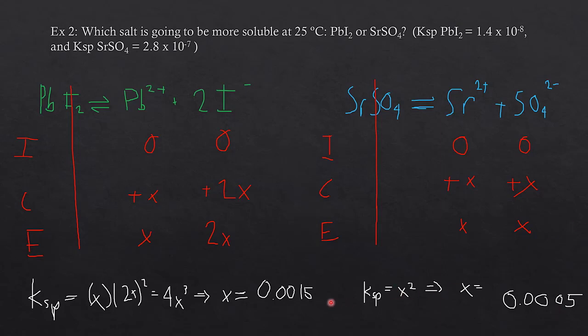So, if you have an x value or a molar solubility greater on this side, that would mean that this salt right here is going to be more soluble than over here. So, because the molar solubility is greater, we can say that lead iodide is going to be more soluble than strontium sulfate.